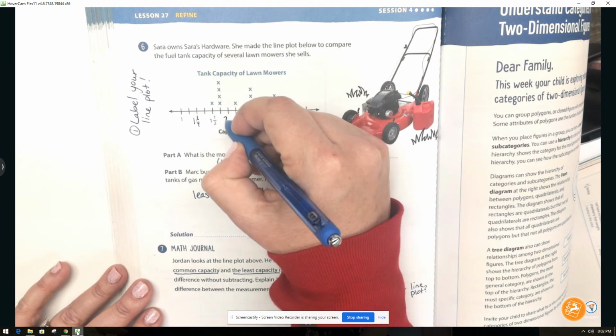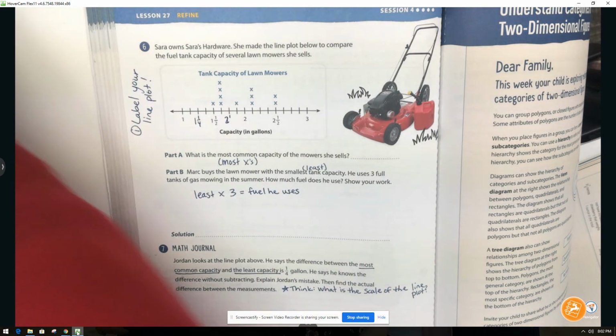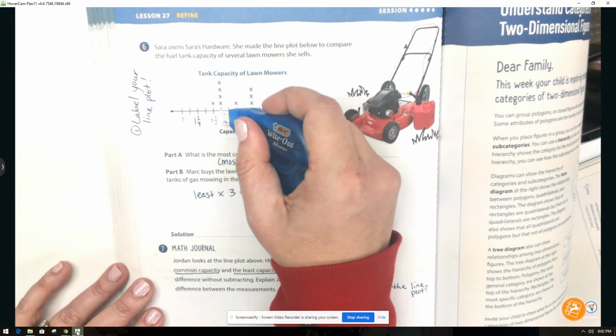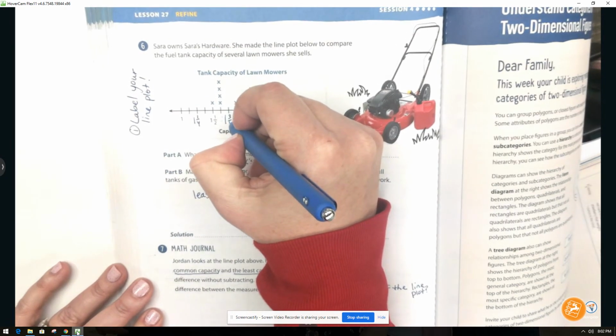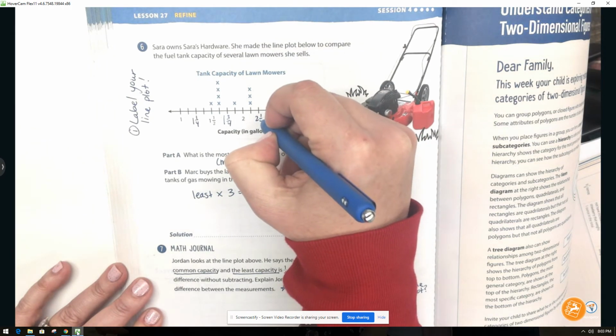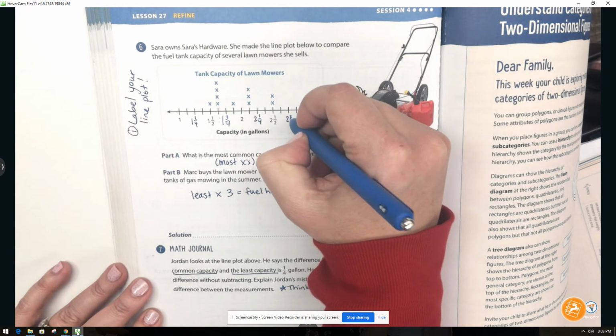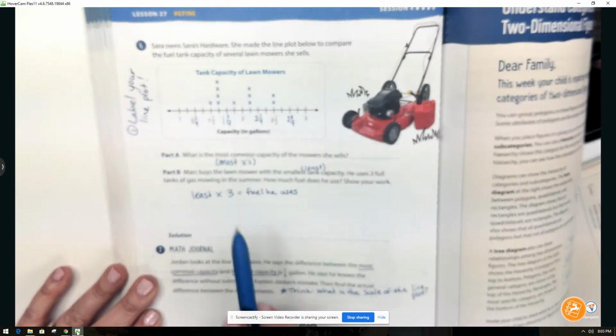Then this is 1 3/4. Excuse me. This is 2 1/4, and then 2 3/4. So that will probably help you to know what the scale is.